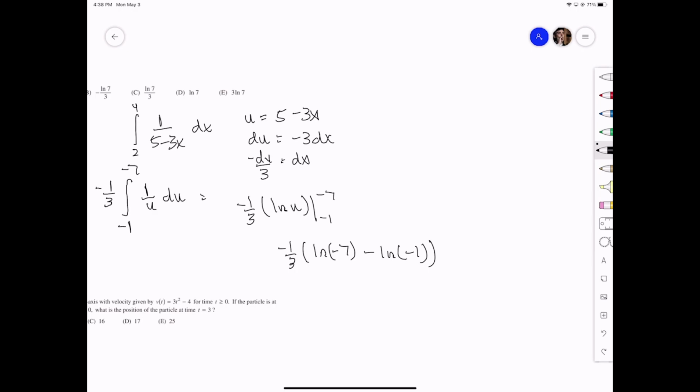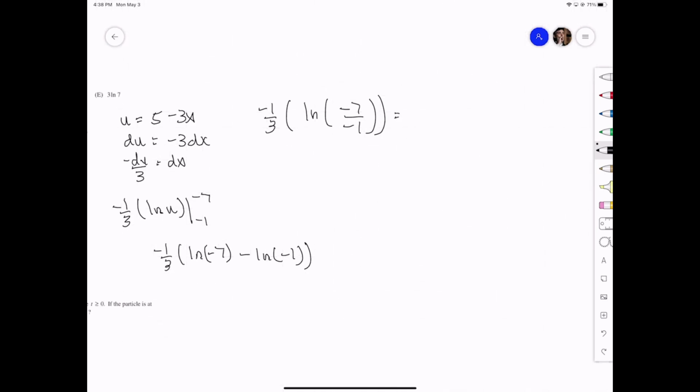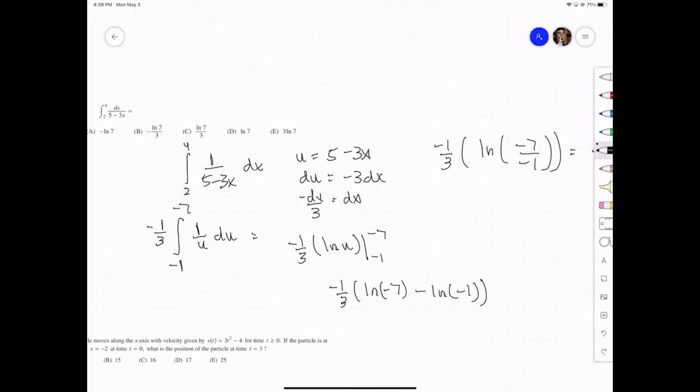Oh yeah, you're right. Okay, I know what you mean. So yeah, it's ln of negative 7 over negative 1. I knew there was a log rule, but I kind of forgot what it was. So it's negative 1/3 ln of 7. So it's B.